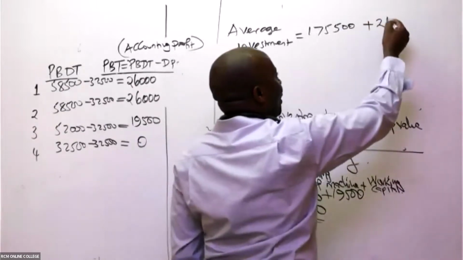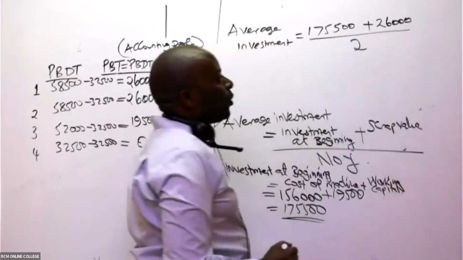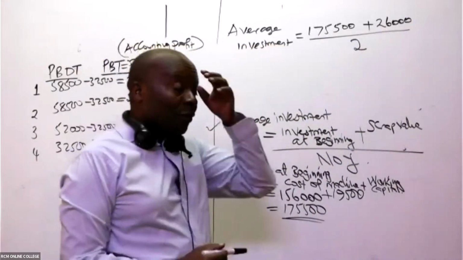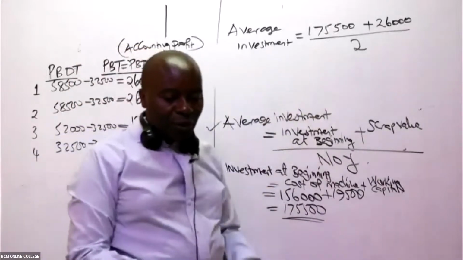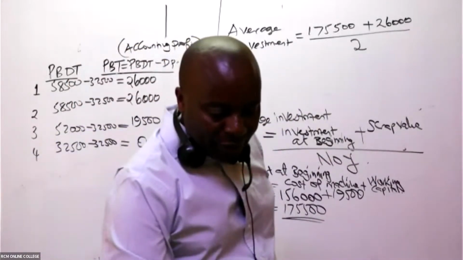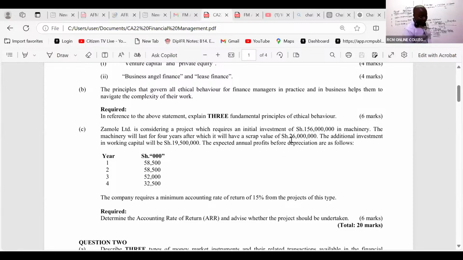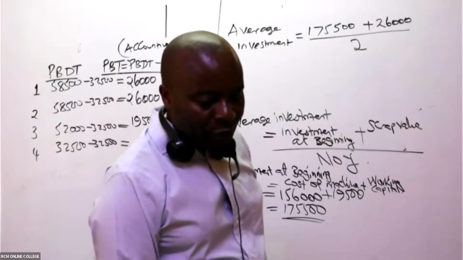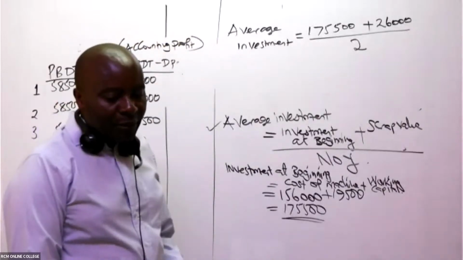I hope you're able to remember the scrap value, 26,000. Our figures are in thousands, remember. Whatever we get there, we divide by 2. Are you able to give me this answer pretty fast?